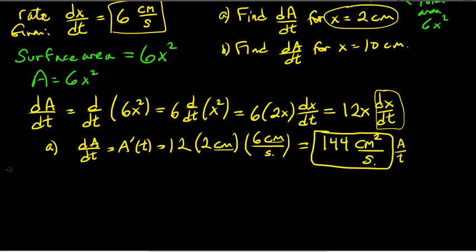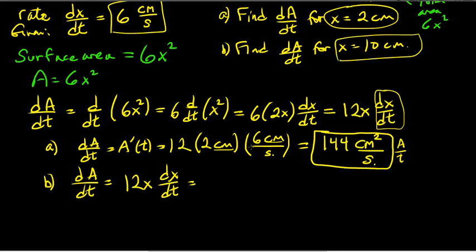And again, part B, well, I should let you do that, but it's the same thing. So we still have the derivative is 12x times the derivative of x. So now you're just plugging in x equals 10 instead of 2. So it's now 12 times 10 centimeters, and then the derivative of x is still 6 centimeters per second.